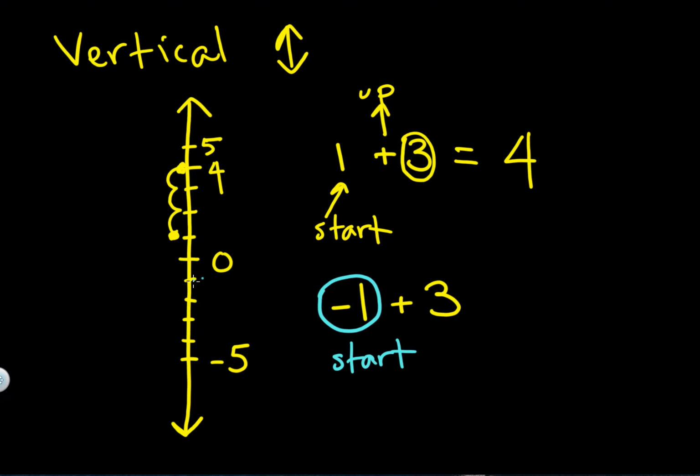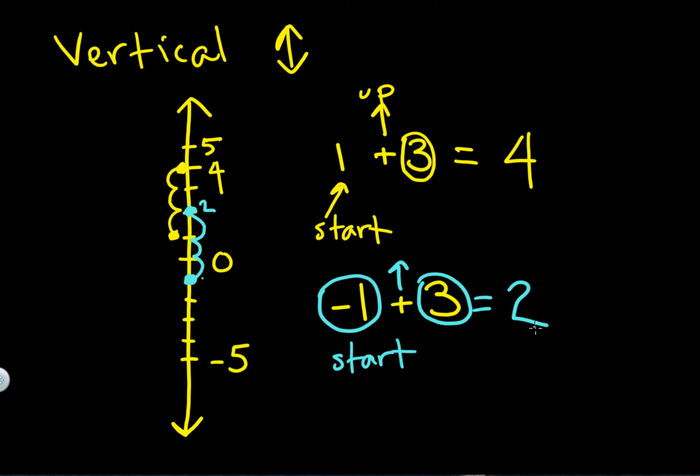So that means we're going to start here at -1. Again, plus means you count up, and we're going to go up 3 units. So that means we would be going up 1, 2, and 3, landing here, and that is at the 2. So -1 plus 3 is equal to +2.